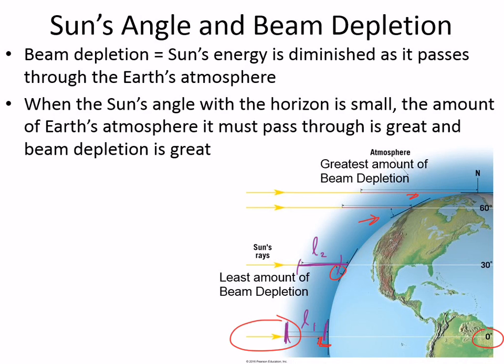Does L2 look longer to you? Because it's supposed to. And this is L3, and this is L4. That L is basically the length of the Earth's atmosphere that the sun has to pass through, on the same day. So it's beam depletion.